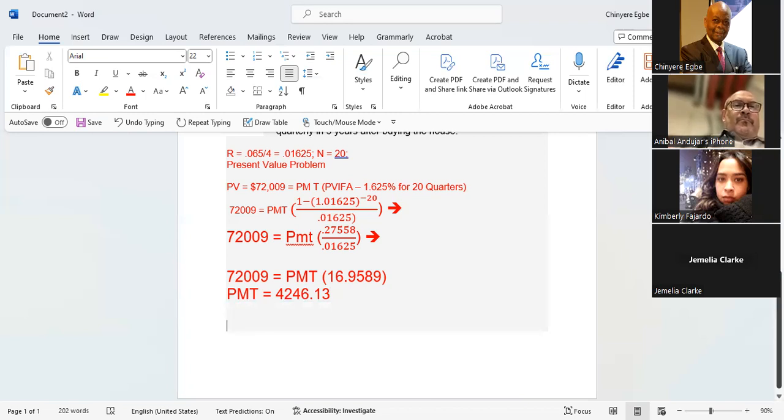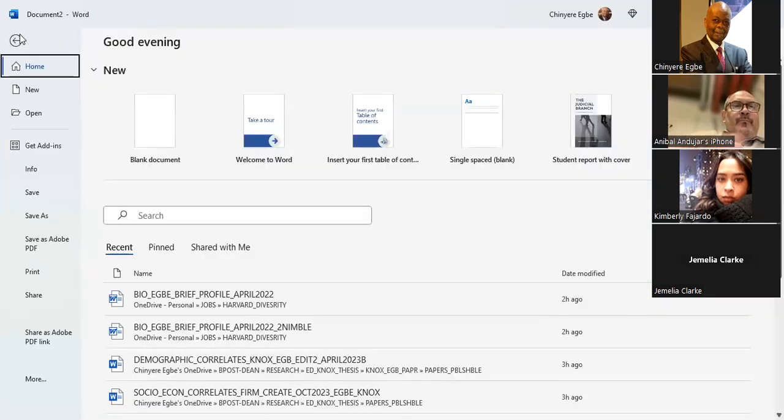Okay, so I'm going to write down that the periodic payment is 4,246.13 and your loan is 72,009. Write that down. And so what we're going to do next is amortize this loan.